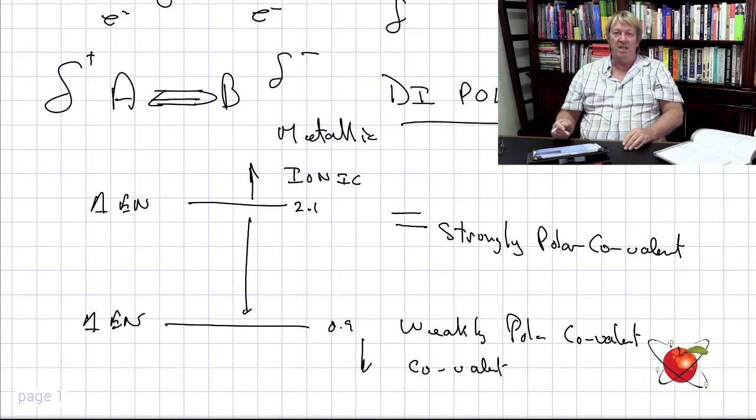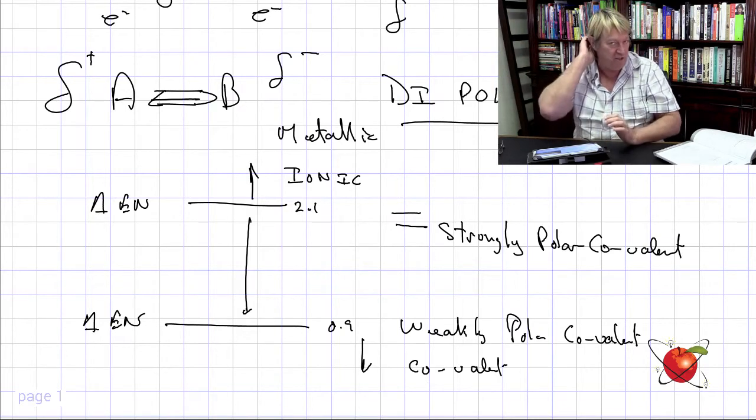This is important, very important, because when we get to a situation where we now start talking about the actual molecules themselves, because now we've got this one, we have got one of these.